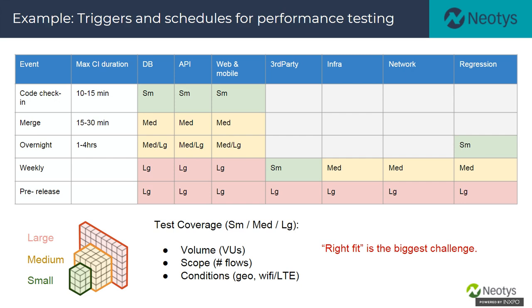Also, depending on your merge strategy, whether it's branching or trunk or whatever, when you merge code you might need to run bigger performance tests, but not the massive ones. I'm using small, medium, large just anecdotally. Some people have very specific test planning and test scoping criteria.